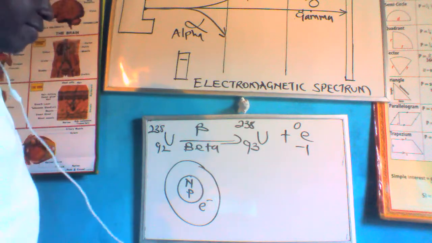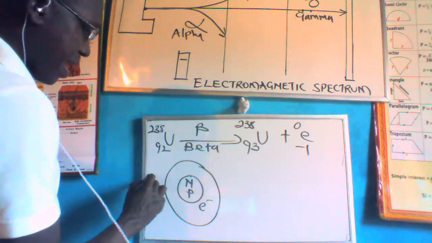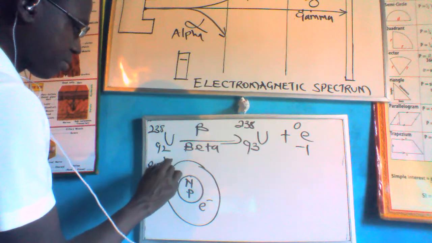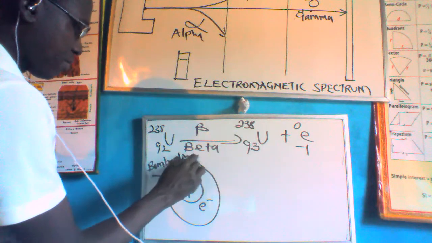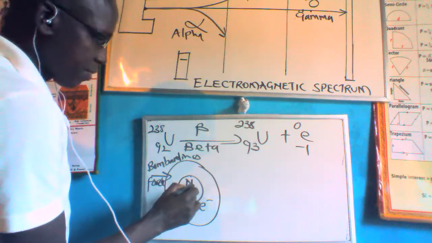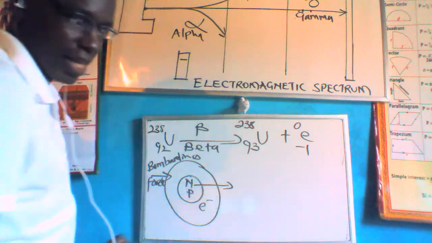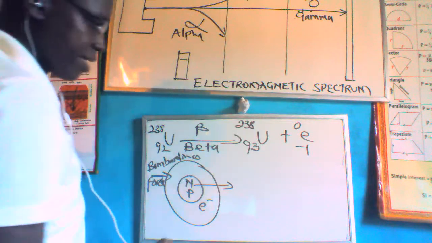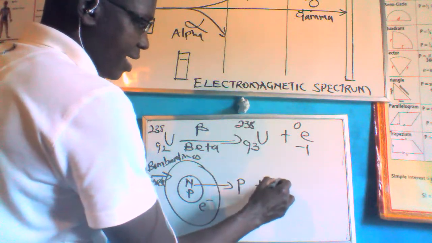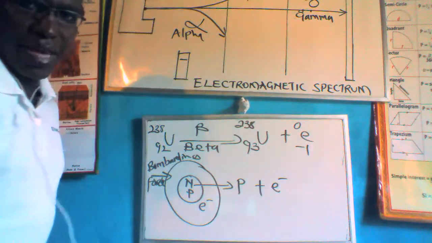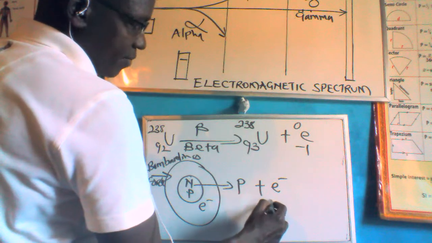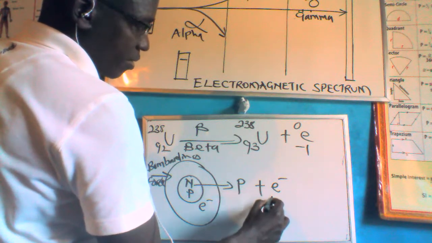So when the neutron is bombarded by an external force, you can call it a bombarding force, the neutron may be forced out of the nucleus. When that happens, it changes its form into a proton and an electron. The electron from the nucleus will be referred to as the beta particle.